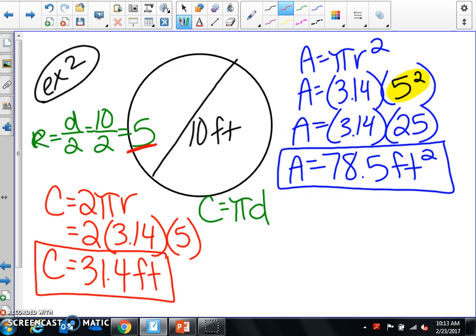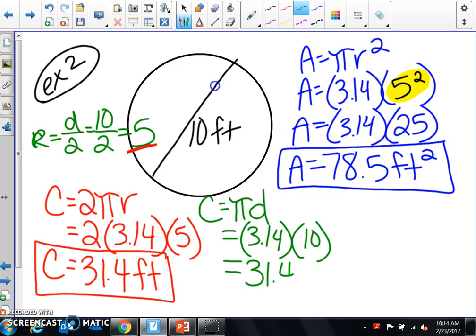So let's say you're like, are you sure it's the same thing? Well, let's try it. So circumference equals pi, which is 3.14, times my diameter, which is 10, because that's the original. And if I plug that in my calculator, you get 31.4. So it's the exact same thing. Okay?